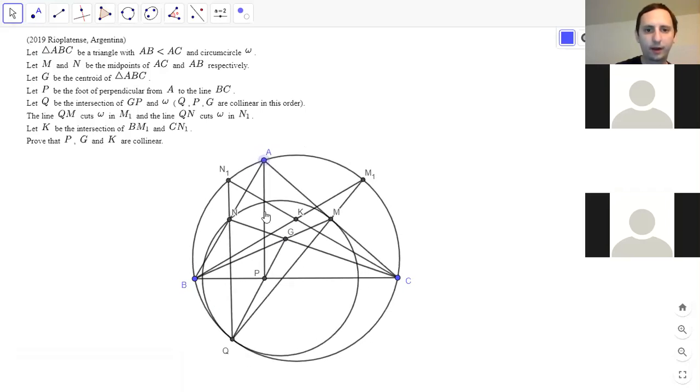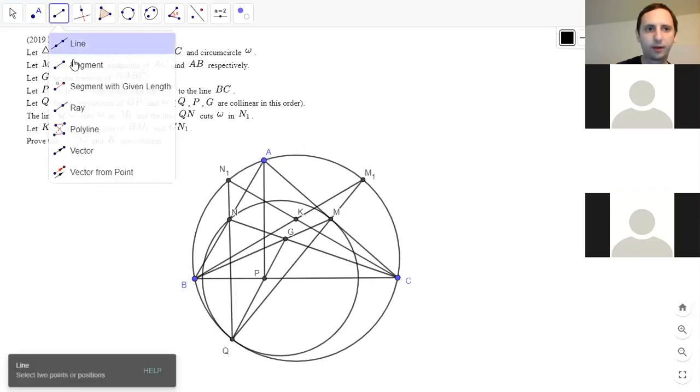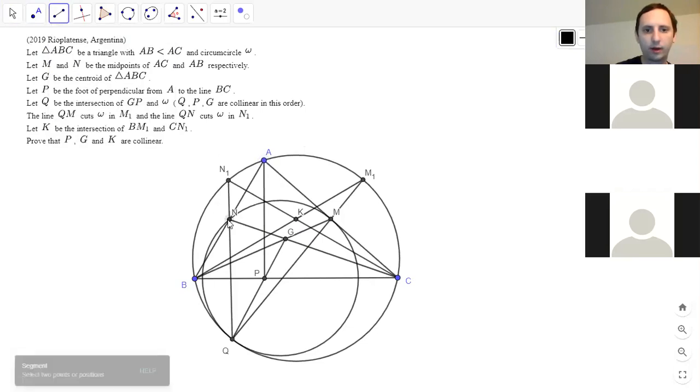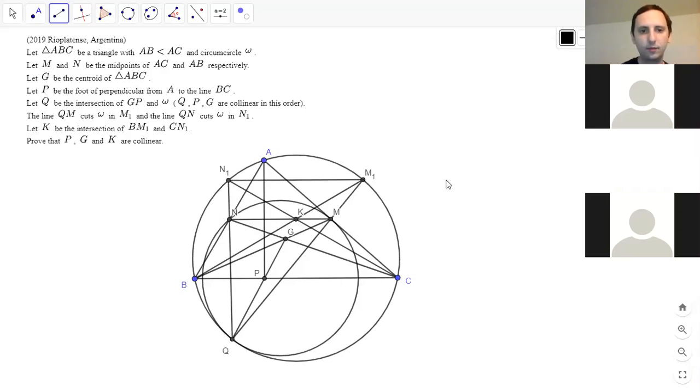And I think that's Pascal's theorem, right? N, K and M are collinear by Pascal's. Yeah. Okay. And N1M1 is parallel. Yeah, I don't even know if we need that N1M1 is parallel, just that N, K and M are collinear.